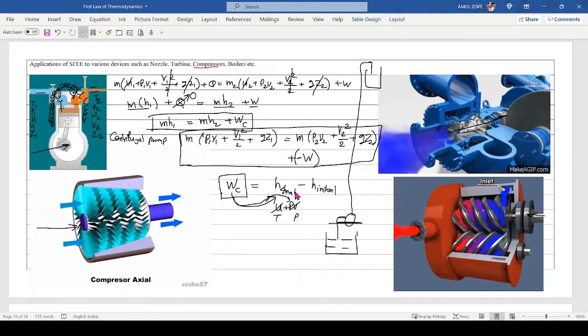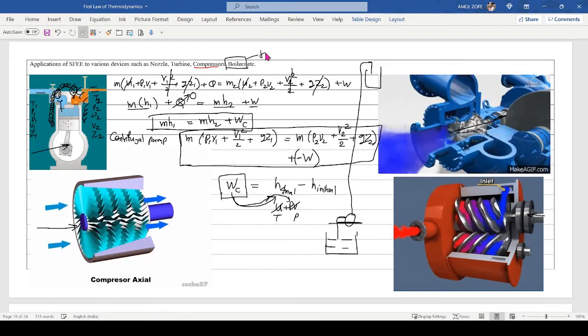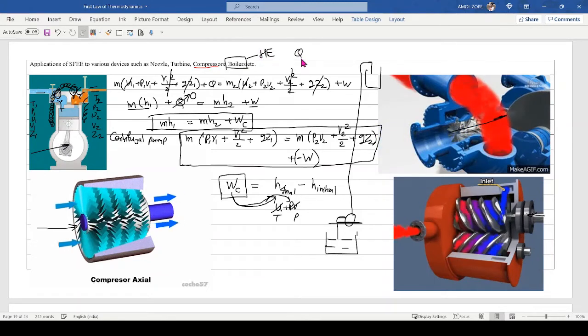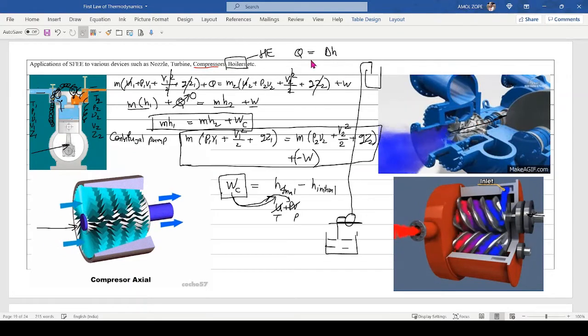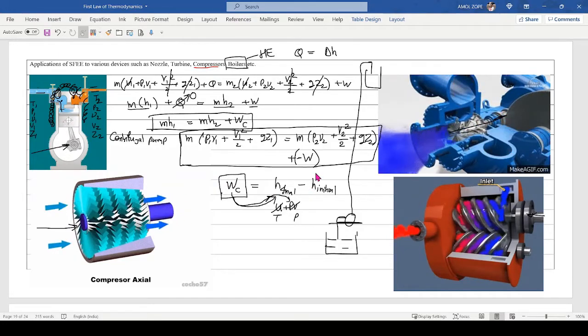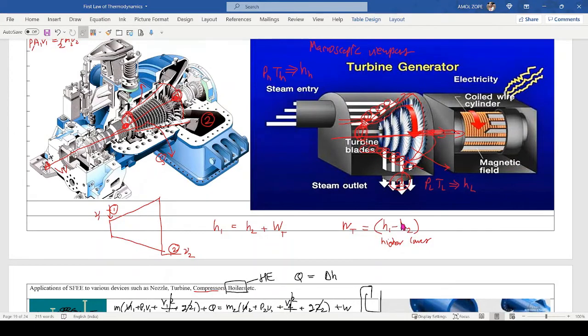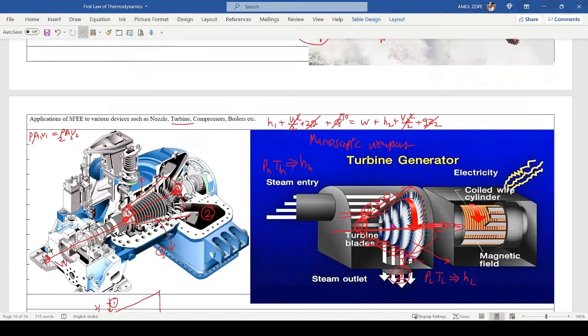In the last lecture we completed the application of the steady flow energy equation to a boiler. Boiler is basically a heat exchanger, so the heat transfer will be the enthalpy difference. Here the work transfer will be the enthalpy difference. For the turbine, the work transfer will be the enthalpy difference.